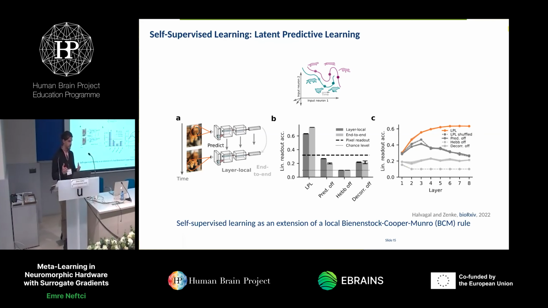Another one that I really like is by Friedemann Zenke in Basel. They ride the hype on self-supervised contrastive learning. Really, as I mentioned earlier, if you see a cat now, you're going to see a cat a second later. And just using these kinds of losses of similarity between these two data samples, they can have this layer-local learning and really learn.